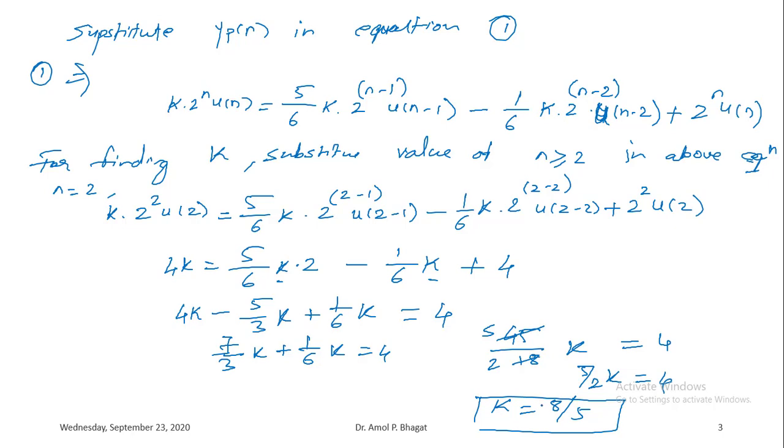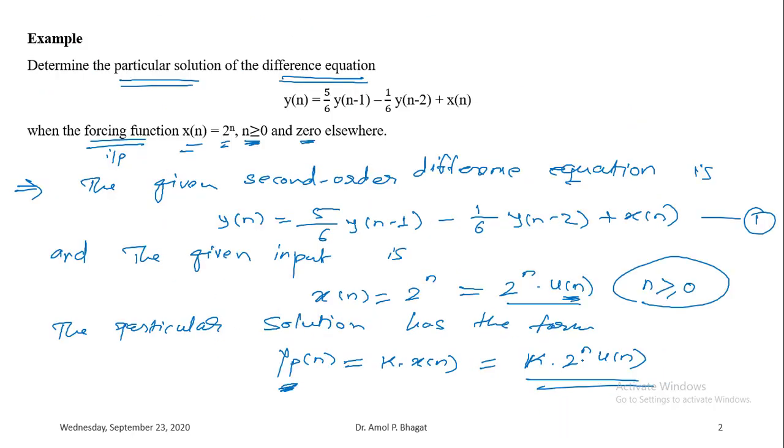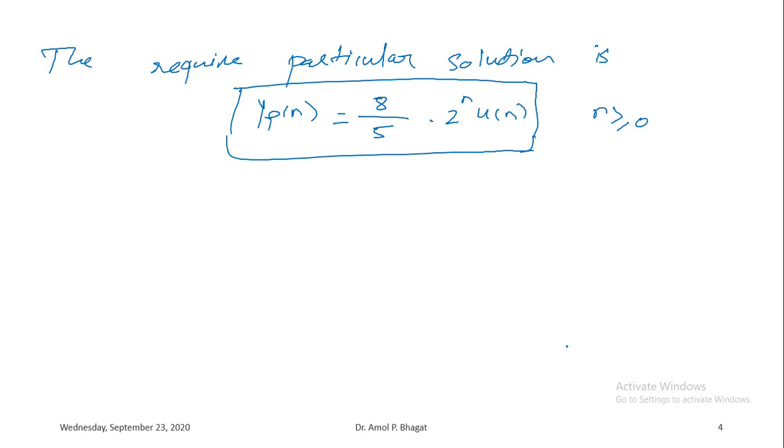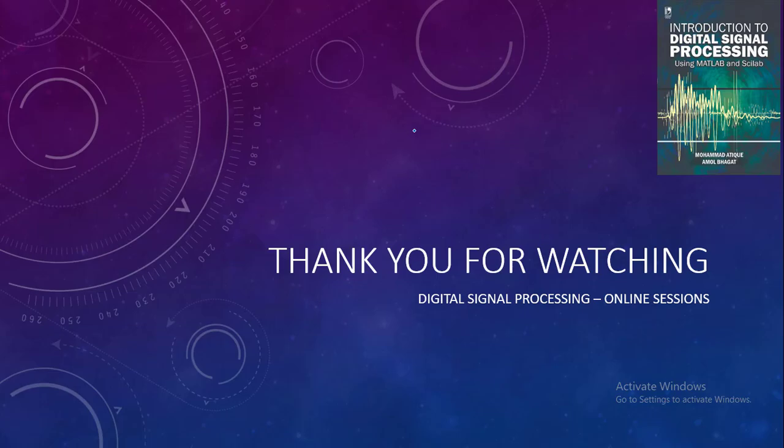After finding the value of k, it is substituted in the particular solution to get the final particular solution. In the next session we'll be discussing how to combine this homogeneous solution and particular solution, that is yh of n plus yp of n, to get the complete solution, that is y of n.